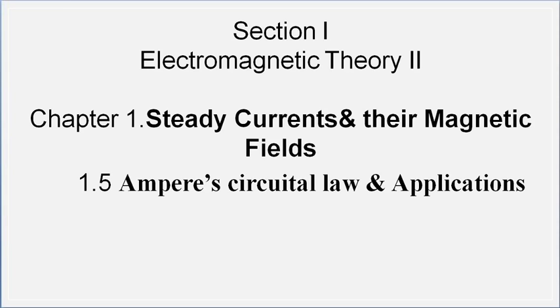The Biot-Savart law gives the expression for magnetic field due to an element, meaning a very small part of the wire carrying a current, and from this, the field of the element, one can find the field of the wire.